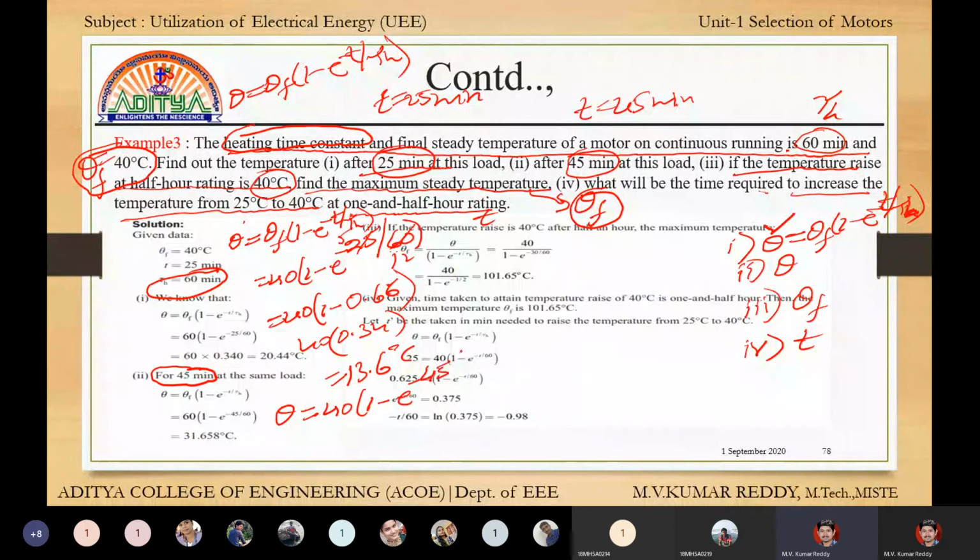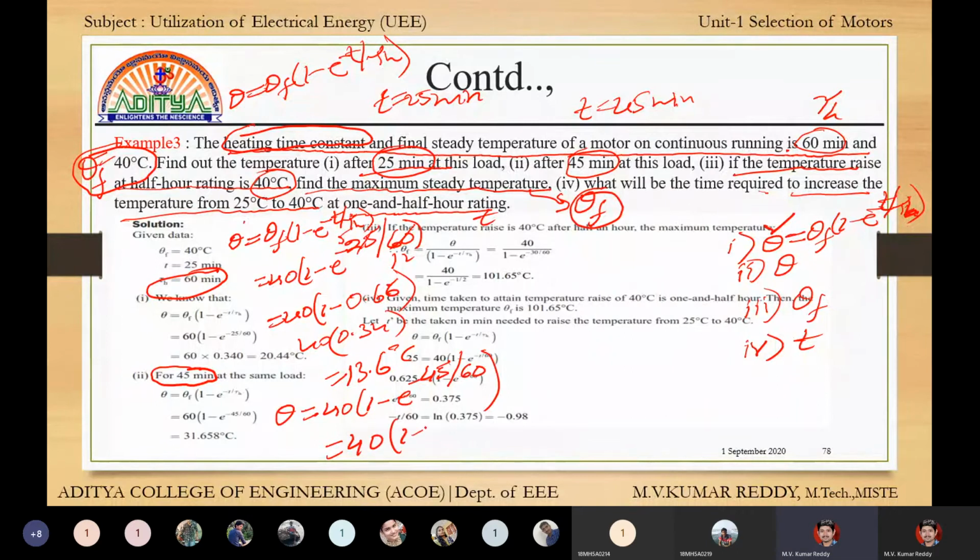The t value is 45 divided by 60, since tau h is given as 60. 45 by 60 is 0.75, and e power minus 0.75 is 0.47.